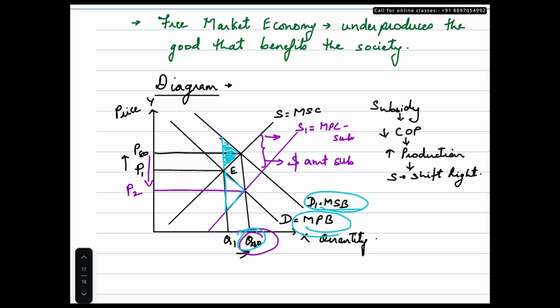Clear? For IGCSE students, just simple P, P1, Q, Q1, D and S labels for the curve would be absolutely fine. But at higher levels, you would want to be specific as to what these curves are, what they denote and why there is a shift in these curves. So this is all about the diagrams representing the subsidy.